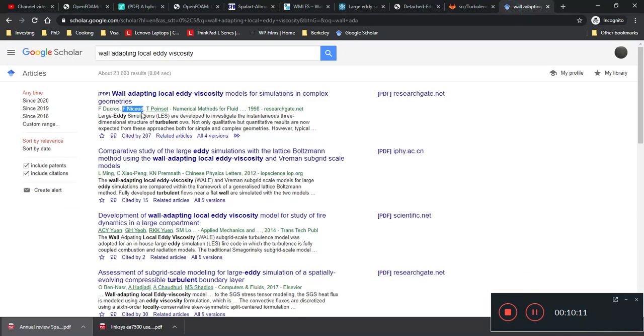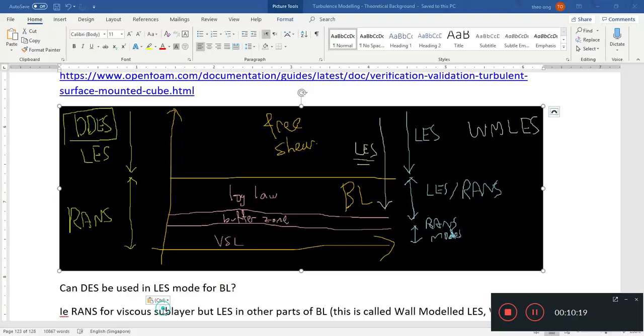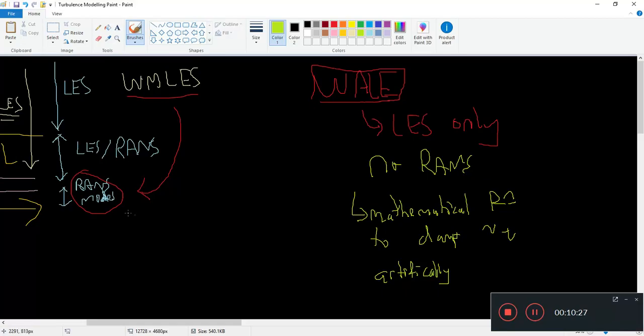So he's the guy in charge of the wall adapting local eddy viscosity model. These are likely based on empirical functions, not too much theory here, and definitely no RANS. There's no RANS model.